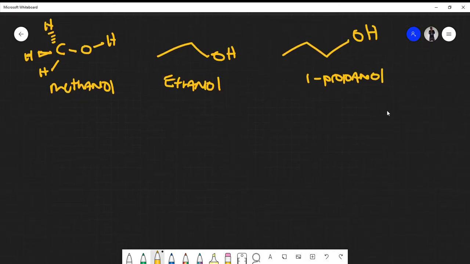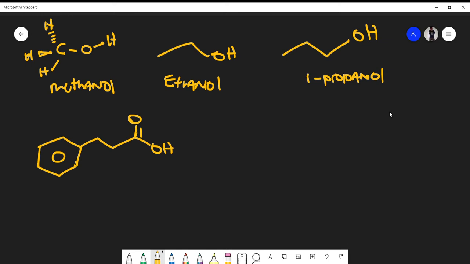This is a solid and liquid lab. So you should expect solid compounds such as cinnamic acid. All right, this is cinnamic acid. You should also expect compounds such as naphthalene.